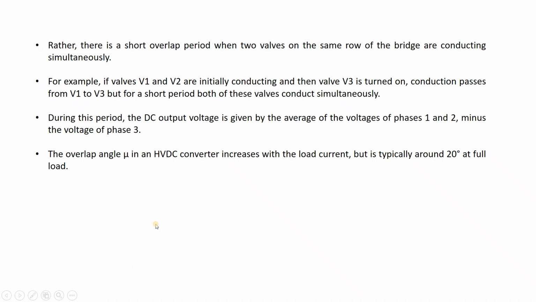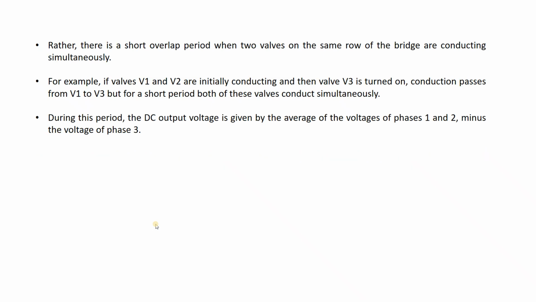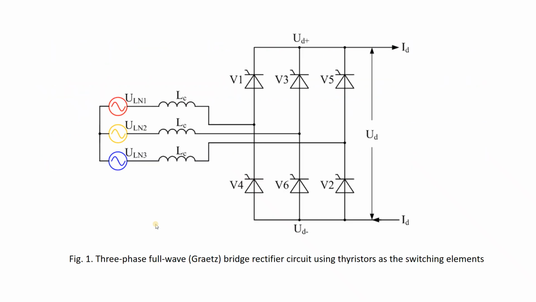The overlap angle, denoted by mu in an HVDC converter, increases with load current, but it is typically around 20 degrees at full load. So as the load current increases, the overlapping angle also increases.